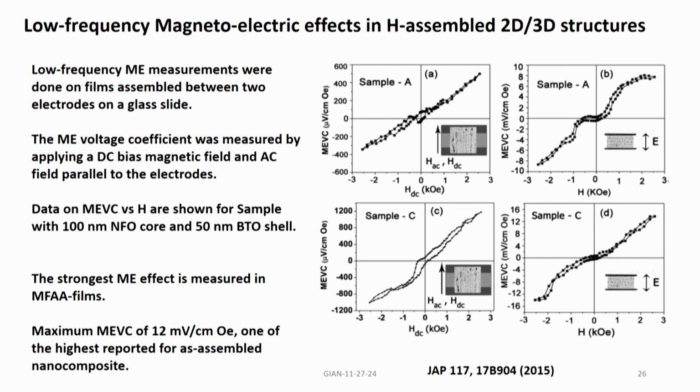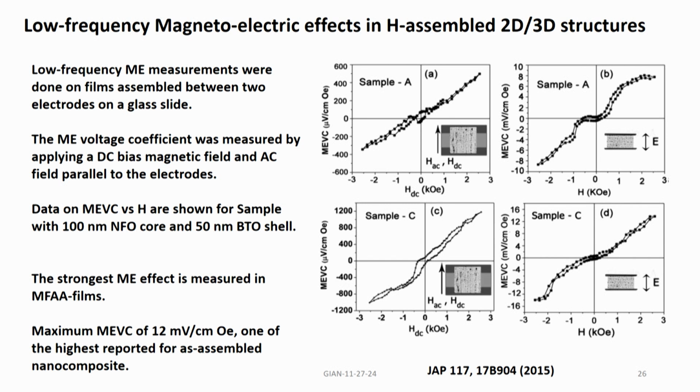So, we measured the strength of the magnetoelectric interaction by two different means. One is the low frequency magnetoelectric effect. You are familiar with this. These measurements were done on 2D films assembled between two copper electrodes, or assembled between two copper plates.